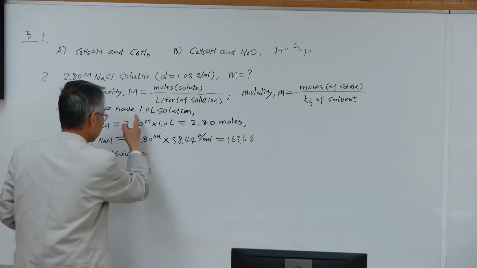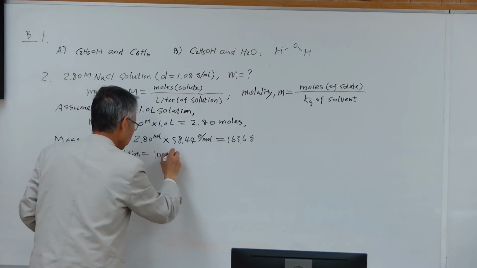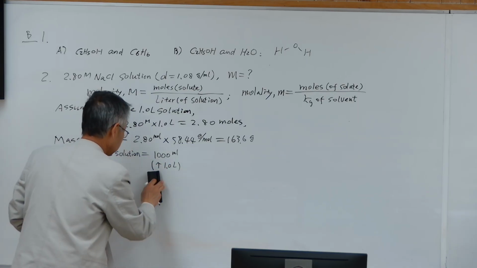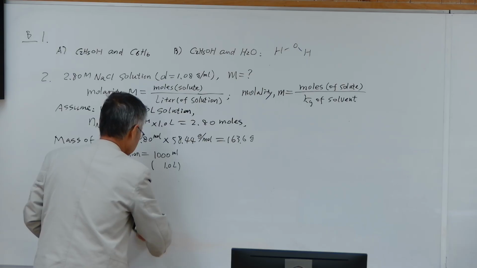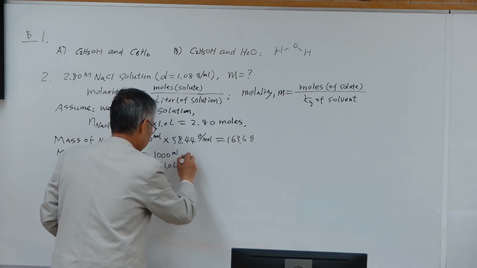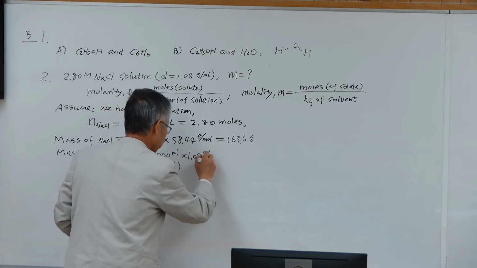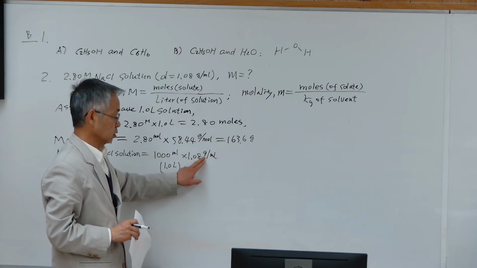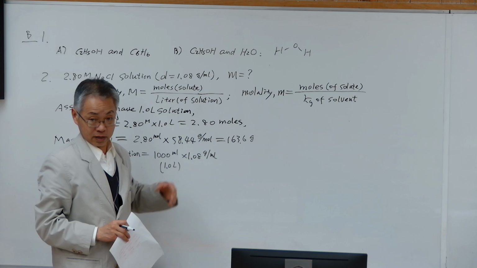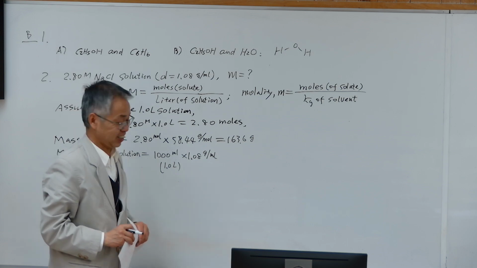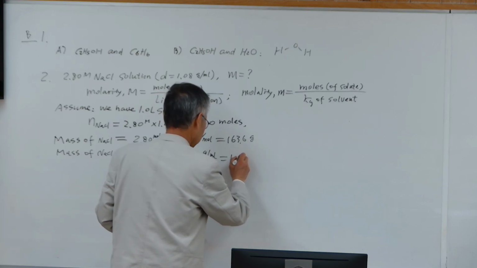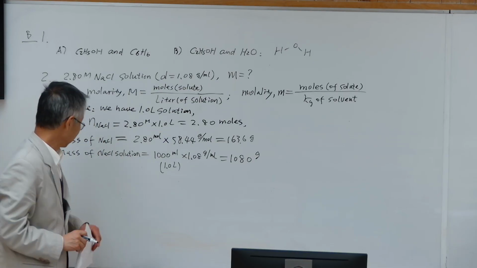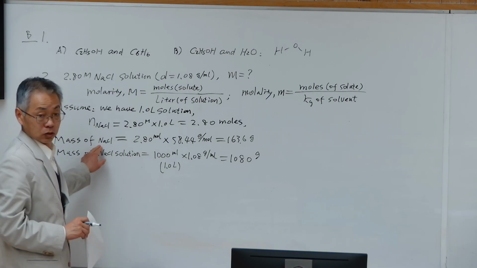So 1 liter is 1,000 milliliter, times 1.08 gram per milliliter. Or if you use 1 liter, then you use kilogram per liter. It's the same. So this is 1080 gram. Then mass of solution minus mass of solute is solvent.